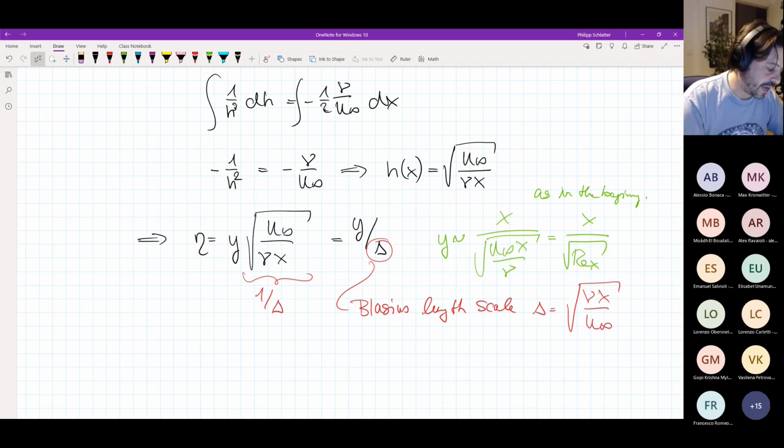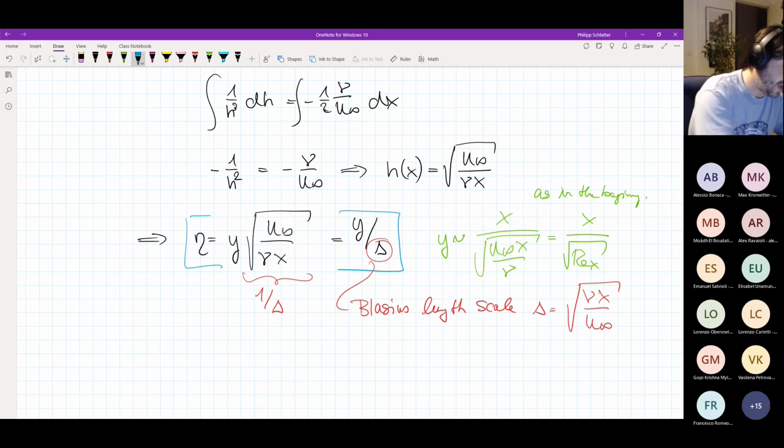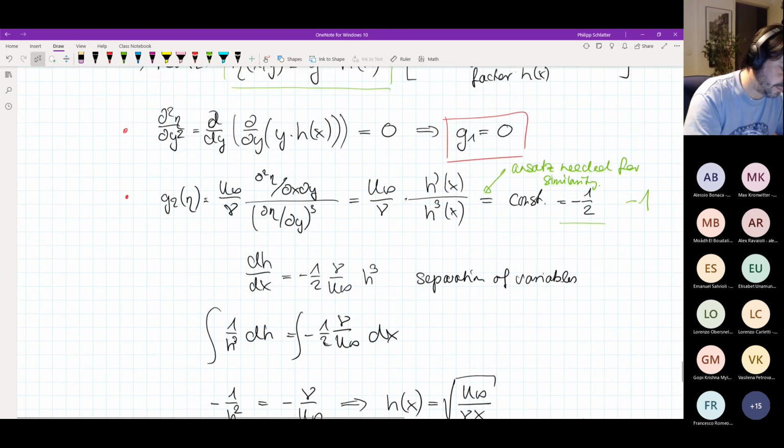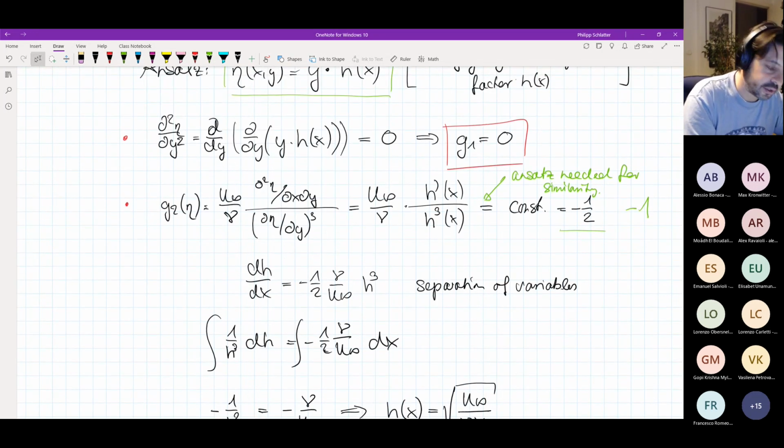Okay, so now we have our definition of eta, and we also know our equation in f, because we have now G1 and G3 being 0, and G2 defined as -1/2.